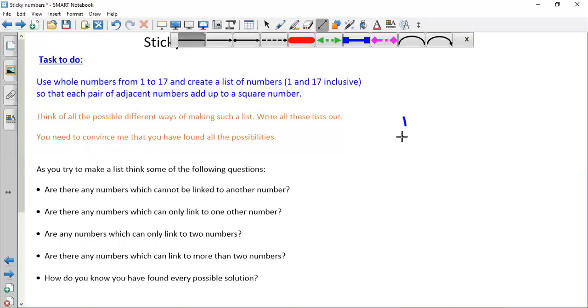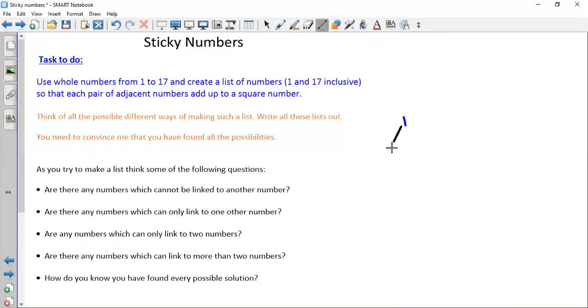So here I can say 1 can be joined with 8. 1 can be joined with some other number, maybe some other number. Let's write down those numbers. So those numbers can be, 1 plus 8 gives me 9. I can also think of another number, which is 15. 1 plus 15 will give me 16.